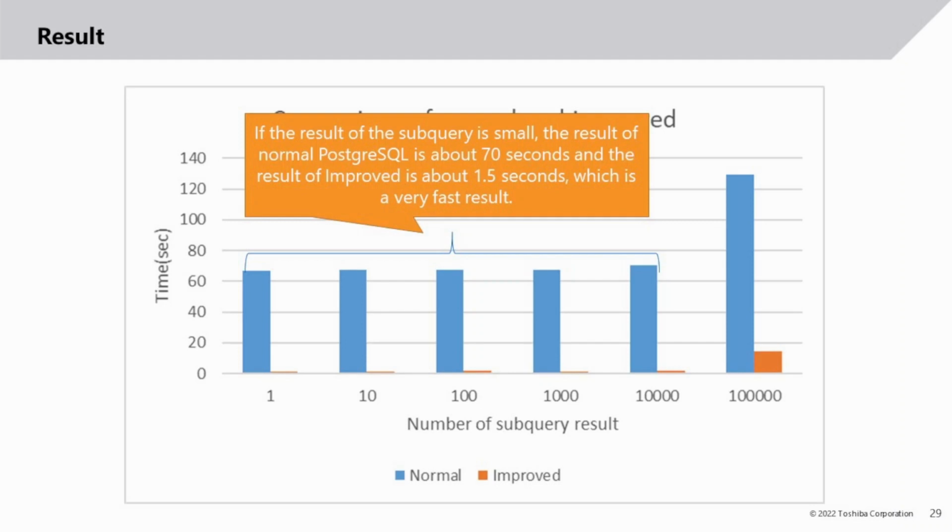For subqueries with 1 to 10,000 results, the results were almost the same. Before the modification, the normal case took about 70 seconds. The modified one, improved, took about 1 second. This speedup is about 50 times. So improved is very fast.